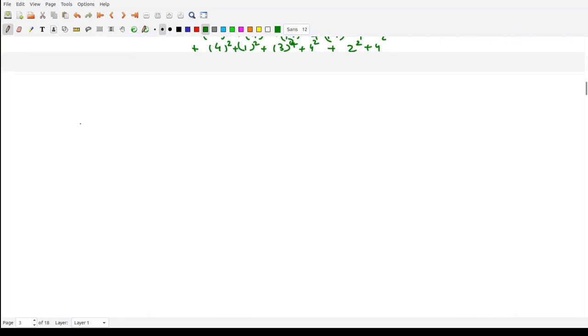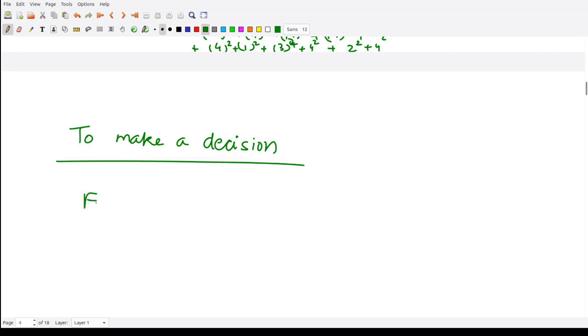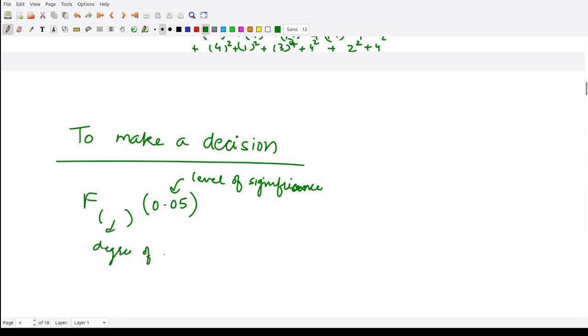So to make a decision, we will look at the value of F at the degree of freedom at 0.05 level of significance. This is the level of significance, and this is the degree of freedom.